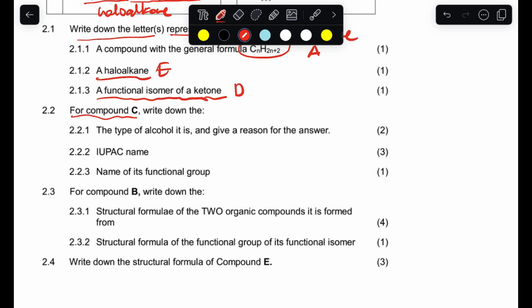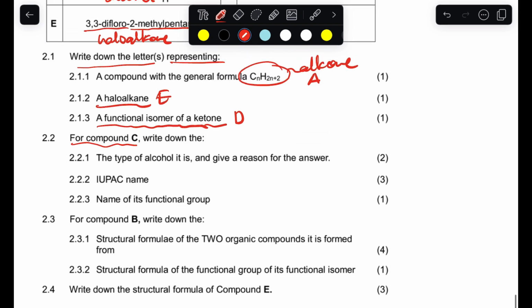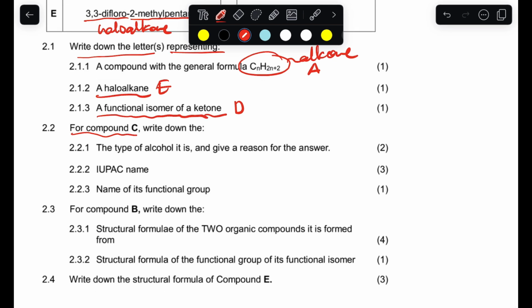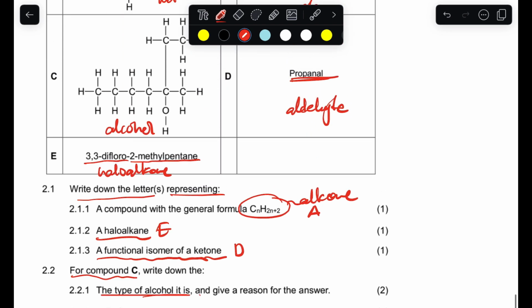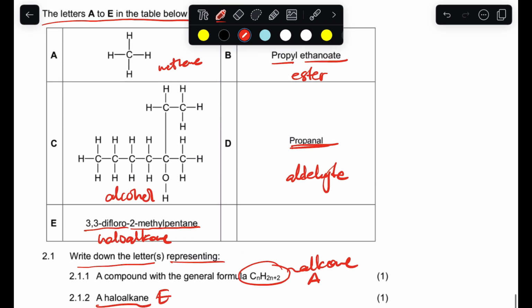Now it says for compound C, write down the type of alcohol it is. Let's look at C. We go to the hydroxyl and look at that carbon.